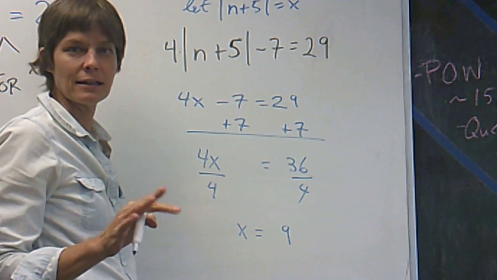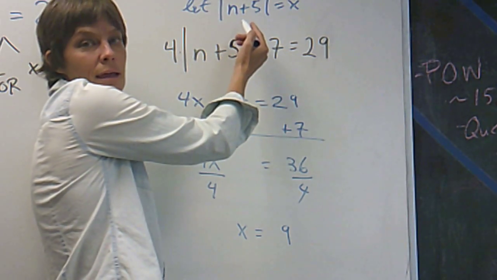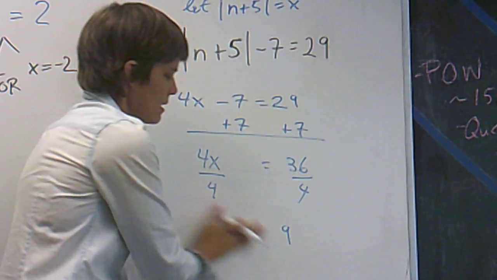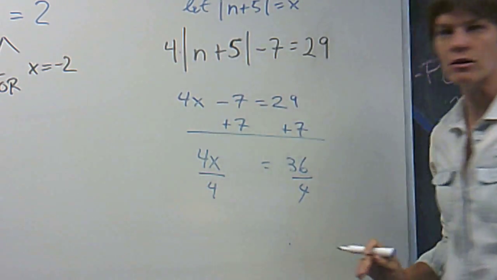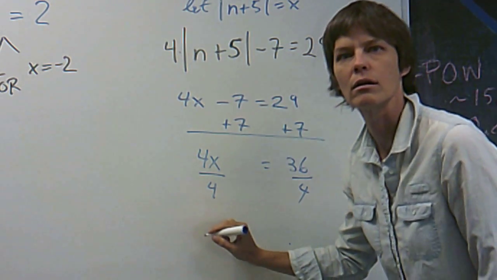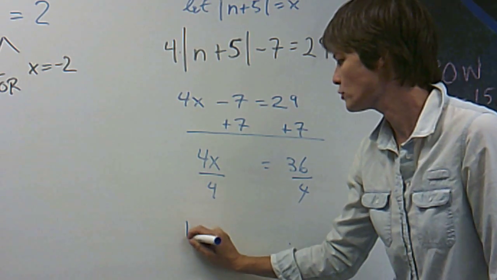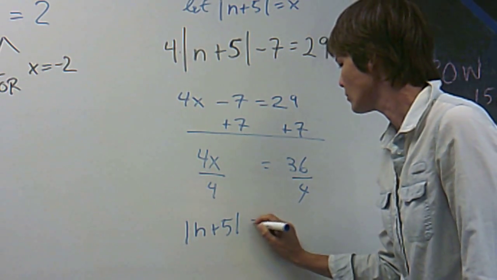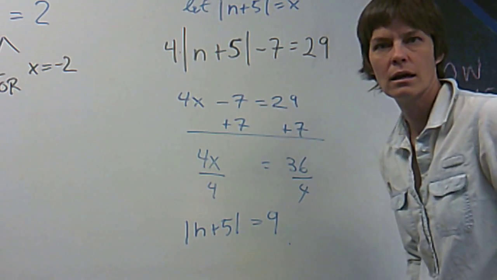But x isn't 9 because we don't want x. We want n. And what was this whole thing? It's an absolute value. Absolute value of n plus 5 equals 9.